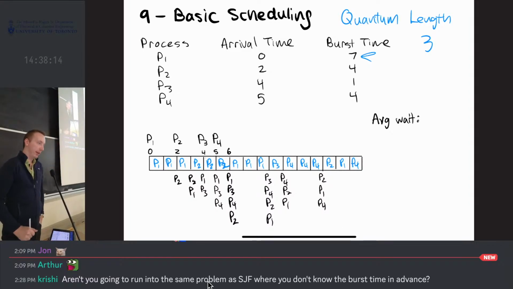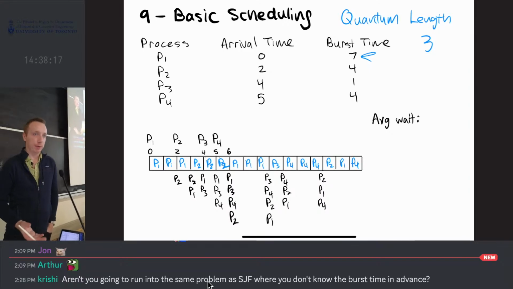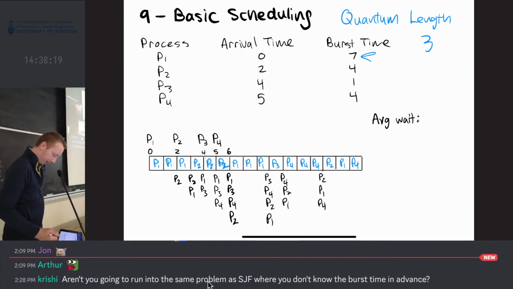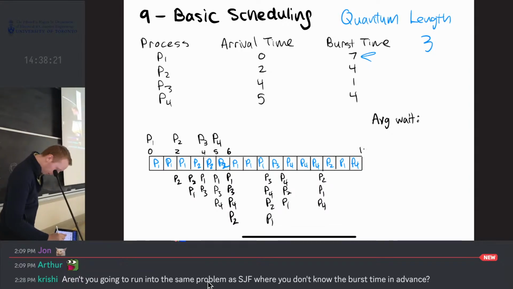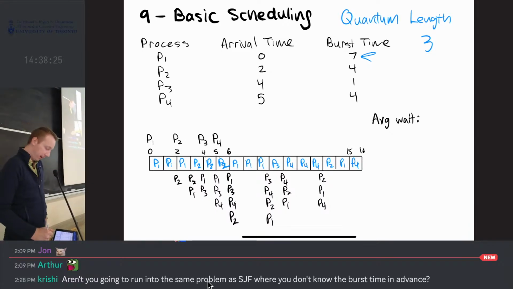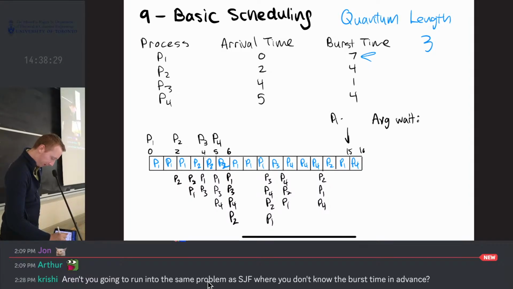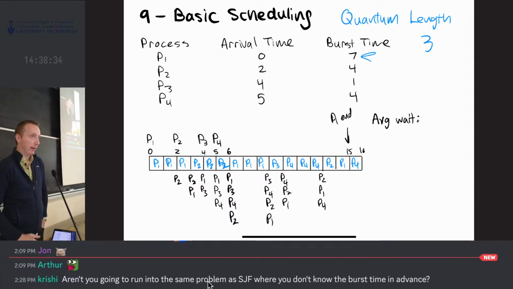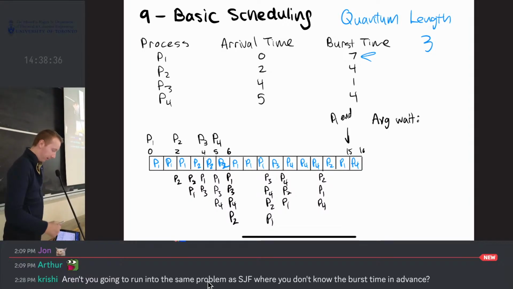The average waiting time, well, we have to count the waiting time for each process. P1 finished at time equals 15, right? P1 ended at time 15 and started at time 0.